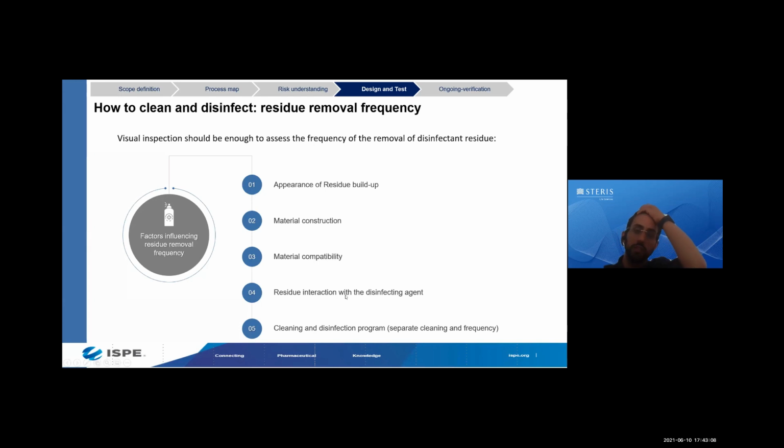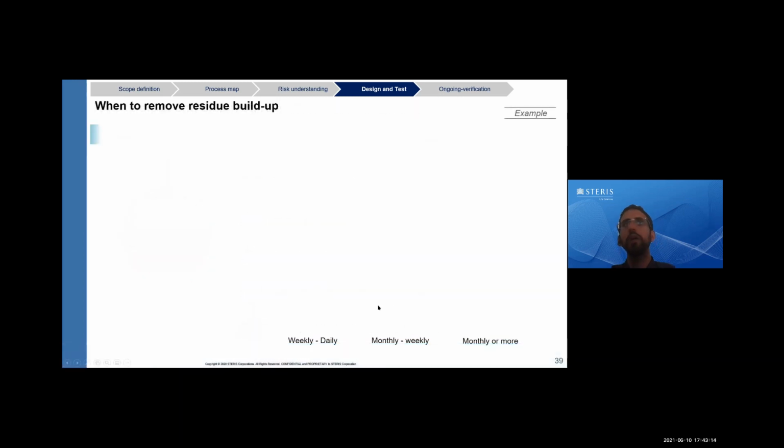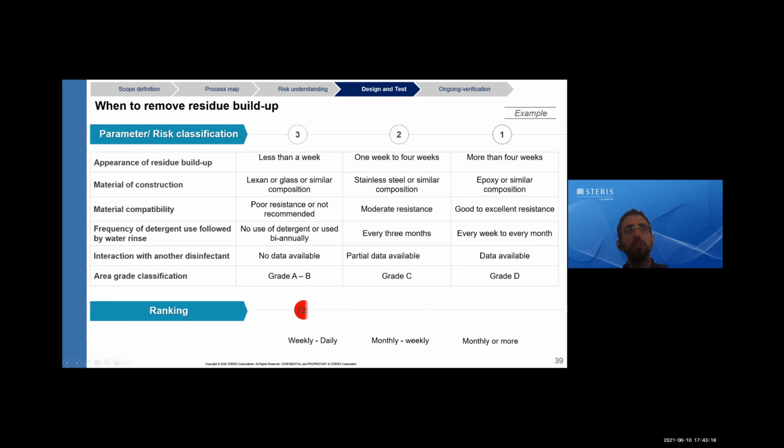The interaction of the residue with the disinfecting agent being used is another parameter to look at. Again, we did the same way with some numbers. So look at the appearance, material of construction, compatibility, frequency, interaction, and area classification.